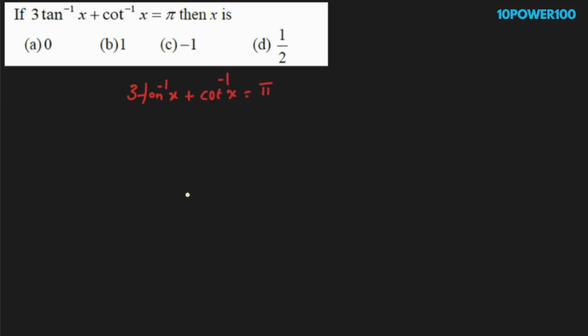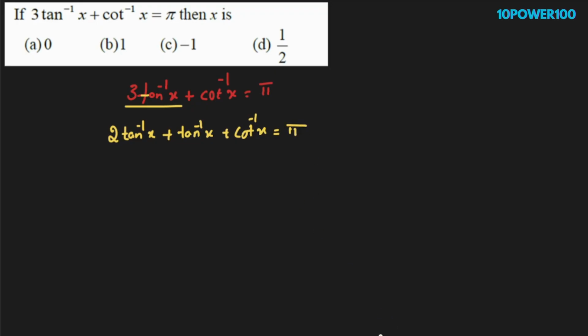Okay, now if we replace, okay, let's not replace. 3 tan inverse x, I'm going to write this as the sum of 2 tan inverse x plus tan inverse x, plus cot inverse x is equal to pi.